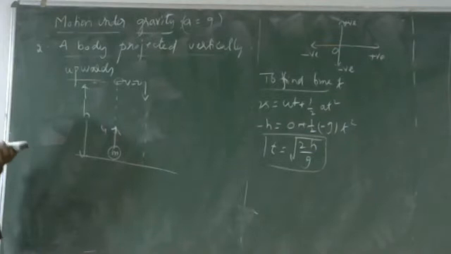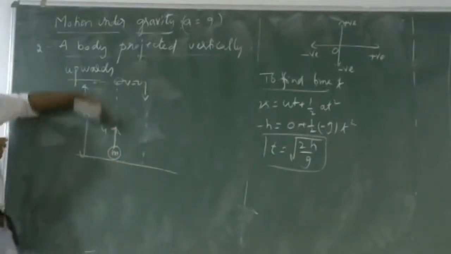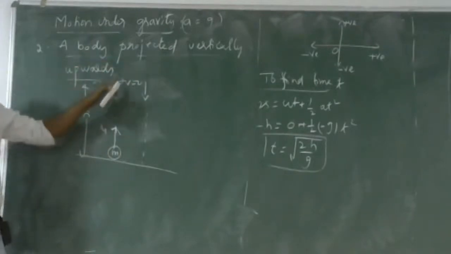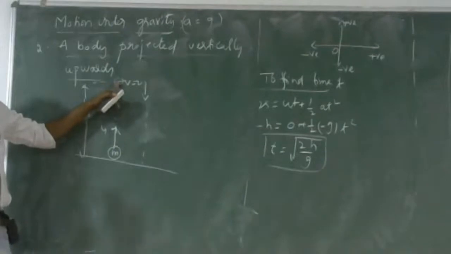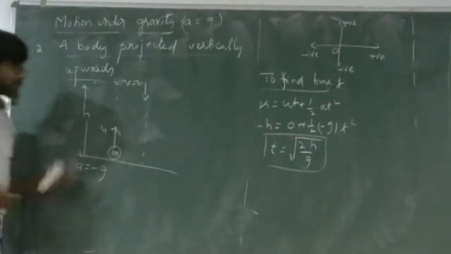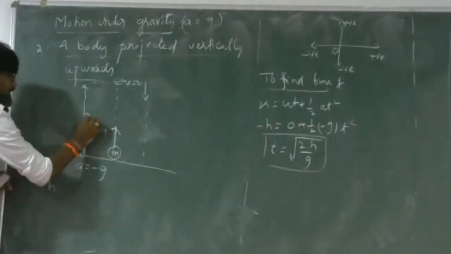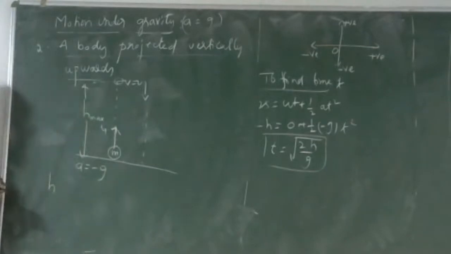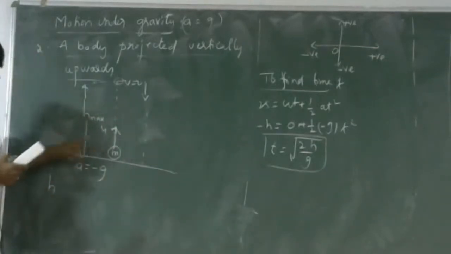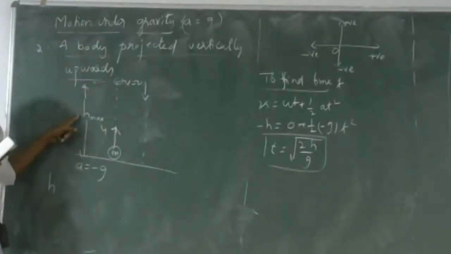The next main important point is: what is the maximum height reached by it when you project with this velocity u? At maximum height, the final velocity should be 0, and the acceleration a should be equal to minus g. To find this maximum height reached by the body, h max, you have to use the equation which relates initial velocity, final velocity, acceleration and displacement traveled.